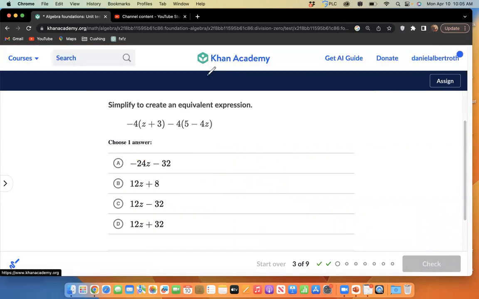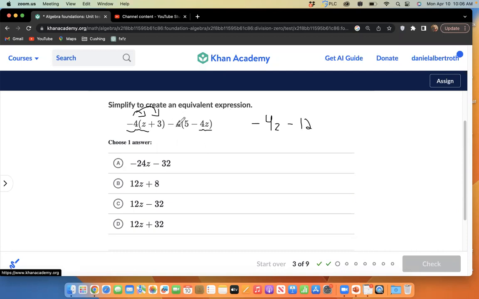All right, this question says simplify to create an equivalent expression. It looks like we're going to have some terms with z and some terms without z. So let's distribute everything and see where that takes us. The -4 is getting distributed here. -4 times z is -4z. -4 times 3 is -12.